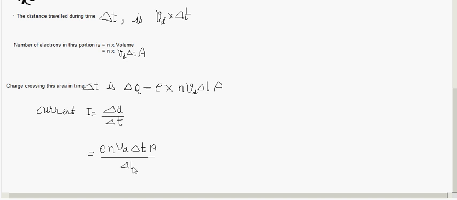So here delta t will get cancelled, and this will be equal to e n A Vd. So this is the relation between the drift velocity and current I.